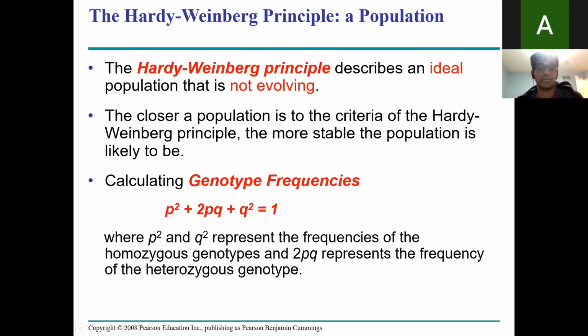Each of these represents a genotype: p squared is homozygous, q squared is homozygous, and 2pq is heterozygous, where you have both p and q. So if you have some of these values, you can solve for the others. I can't give an example off the top of my head, but you can end up solving for all the components of this.